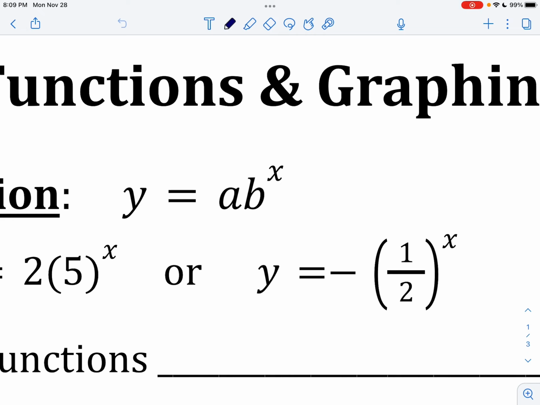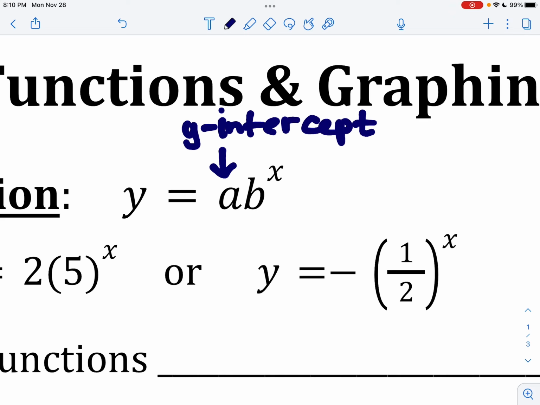The a, so write this down with me, the a is the y-intercept. Okay, so the a is the y-intercept. That almost looks like a G, so let me make it a little better, the y-intercept. The b is the growth factor.